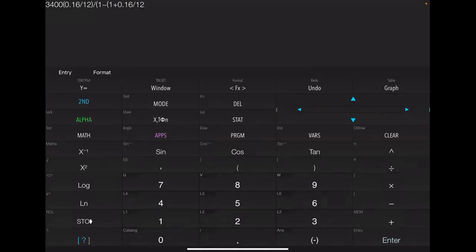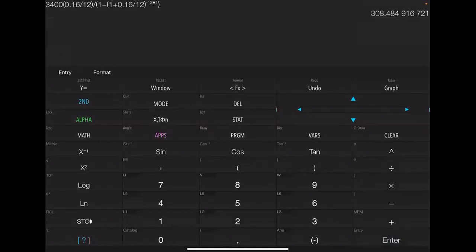Close the parentheses to the negative 12 times 1. Times 1 means just times 1 itself. And then click right arrow and then close the parentheses. What can we get?